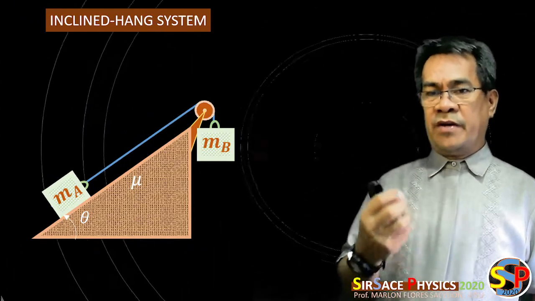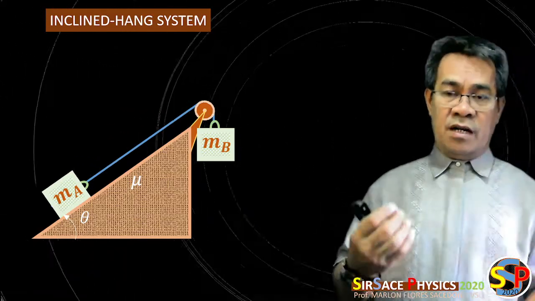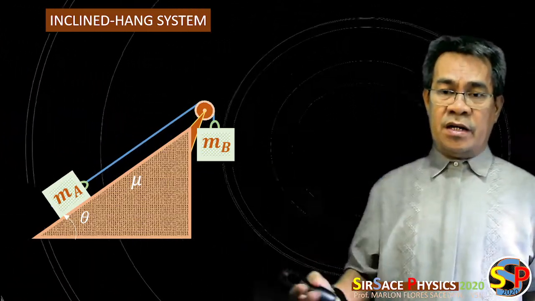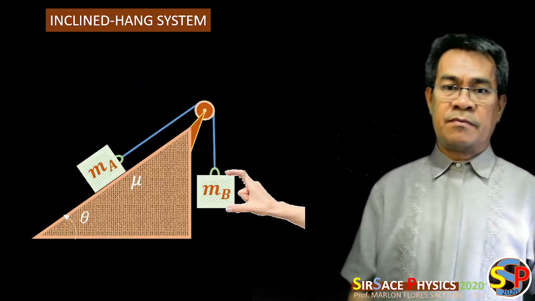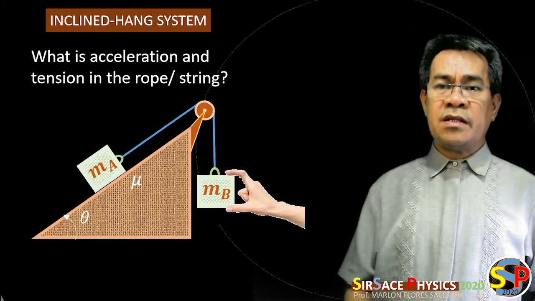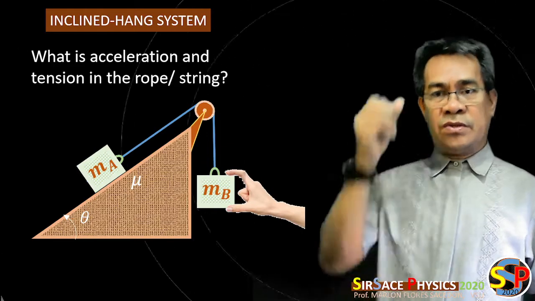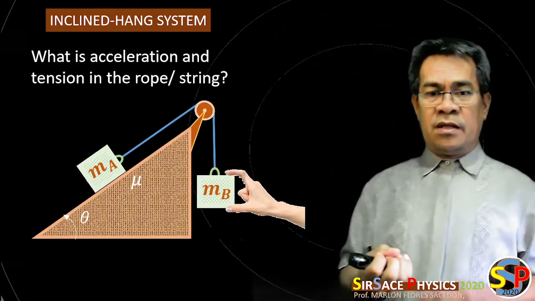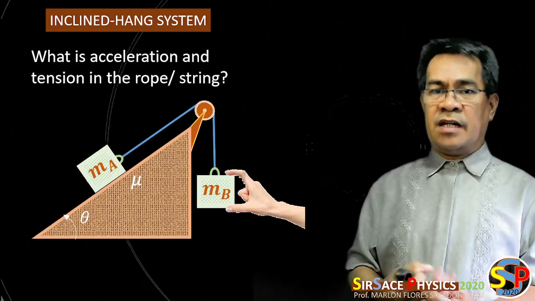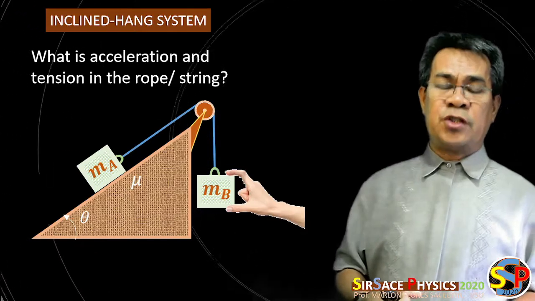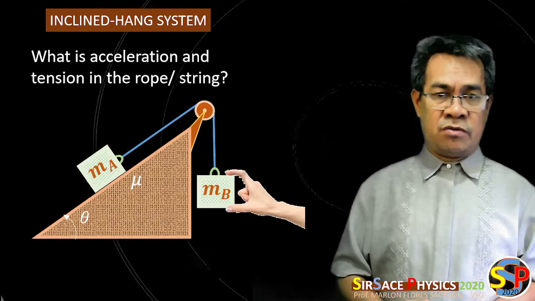Those are the variables that can cause the object to move along the incline up or down, or B to move up or down. So the task is to compute the acceleration of the system and also the tension in the rope. Given mass A, mass B, the angle of inclination, and the coefficient of friction, what will be the acceleration and what will be the tension in the rope.